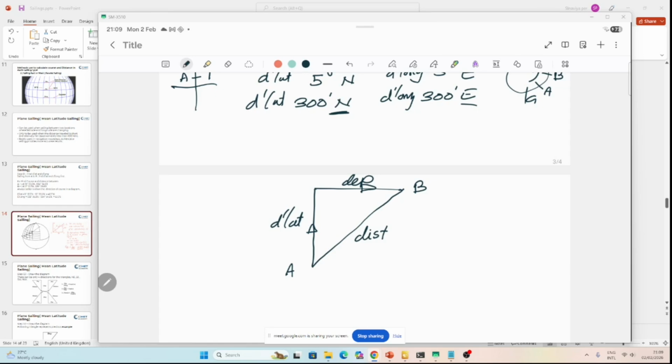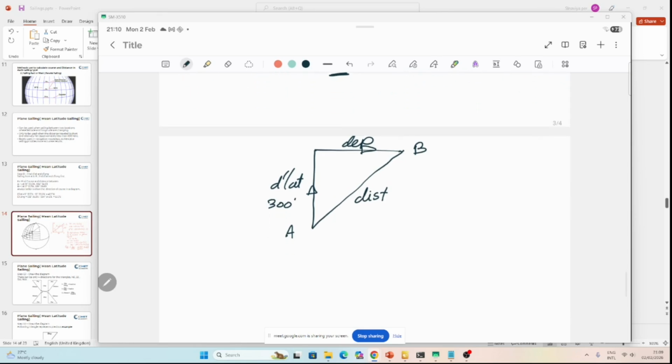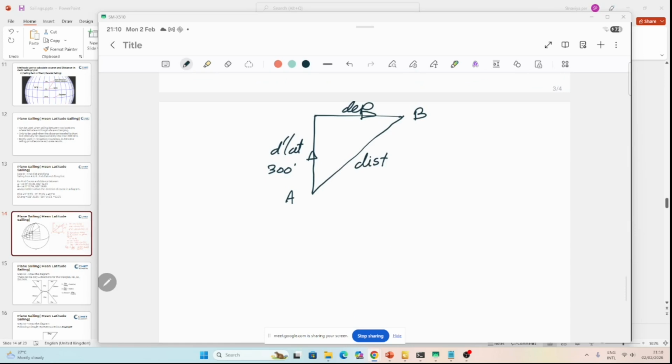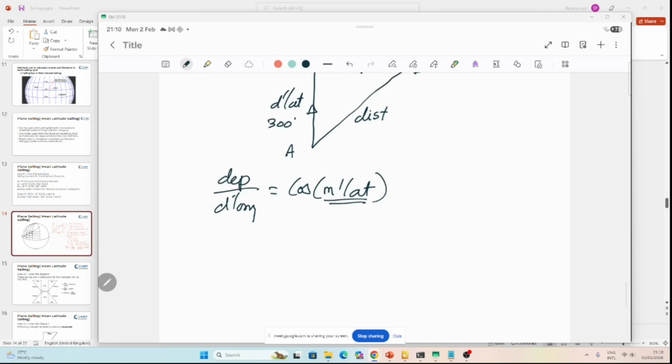Now you have already found DLAT, which is 300. But now we need to find the departure. In order to find the departure, what you need, because departure is equal to D long divided by cos mean lat. Then you need to find out mean lat before we proceed. So what is the mean lat?